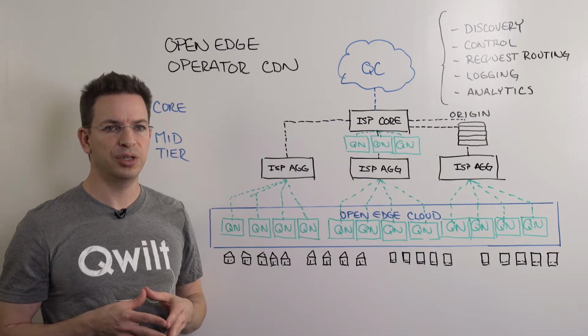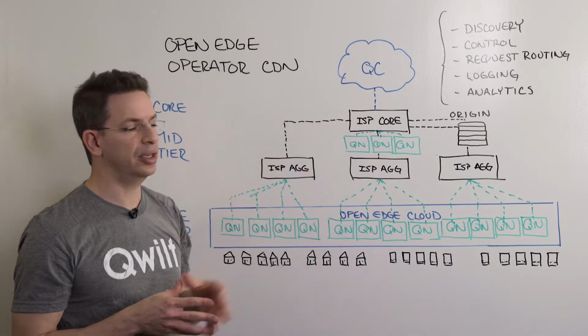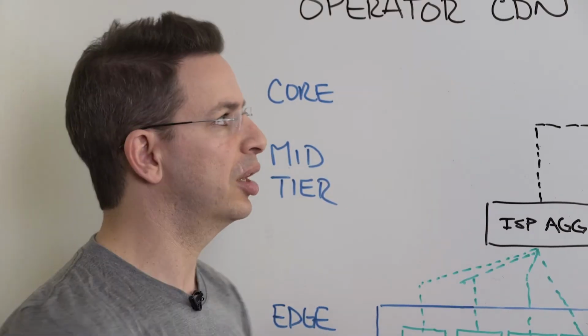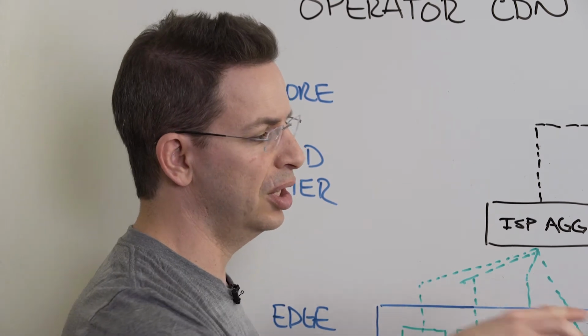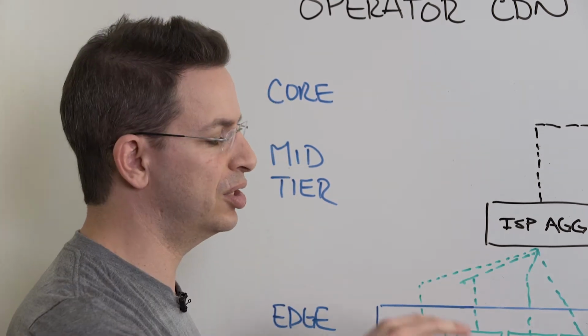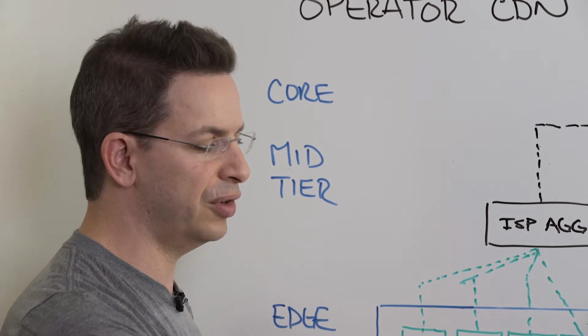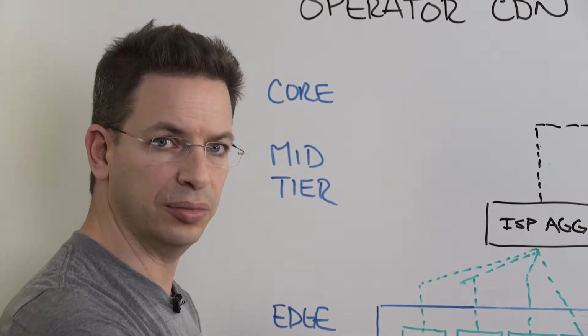The next and probably the most important function of a CDN is request routing. Request routing essentially controls how QC can distribute content to the individual QN nodes and make sure that the right QN node is the one that is being used to the relevant person that is consuming the content.